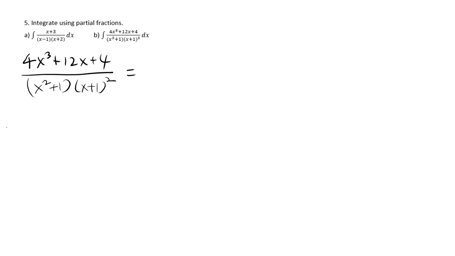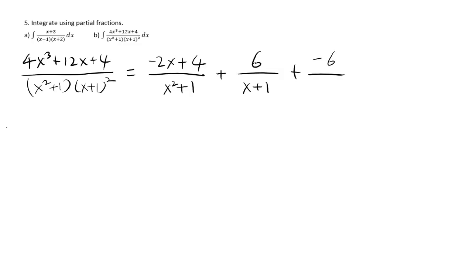Alright, so we have the following result, which says (4x cubed plus 12x plus 4) over (x squared plus 1)(x plus 1) squared is negative 2x, a is negative 2, plus b, b was 4, over x squared plus 1, plus c was equal to 6, over x plus 1, and then d was negative 6 over x plus 1 squared.